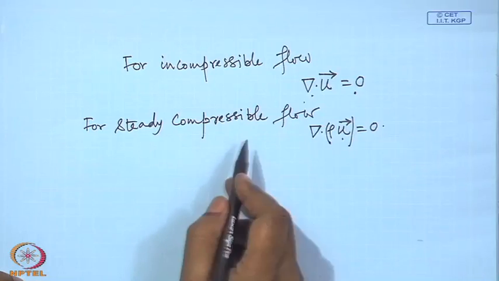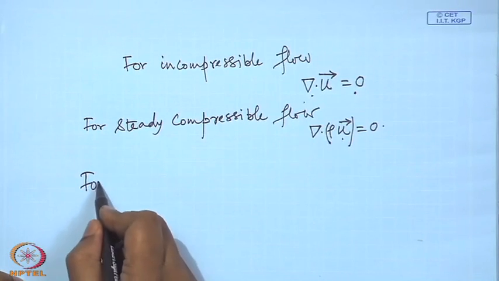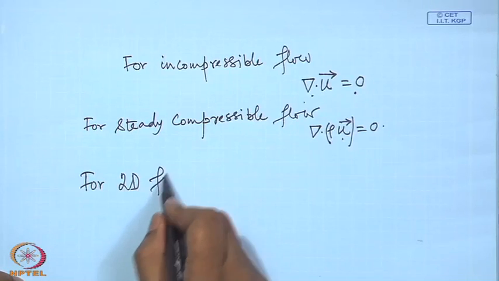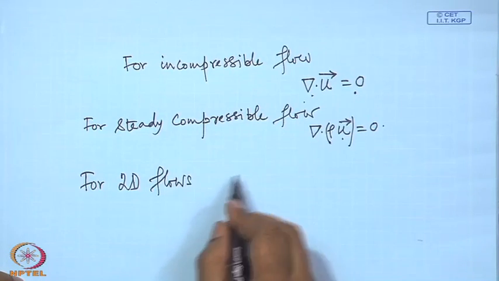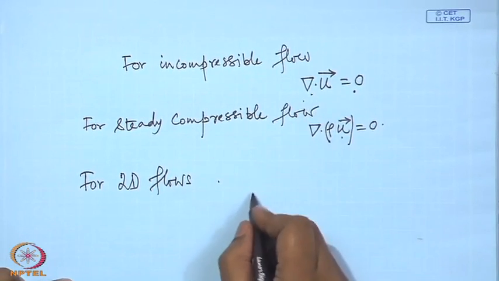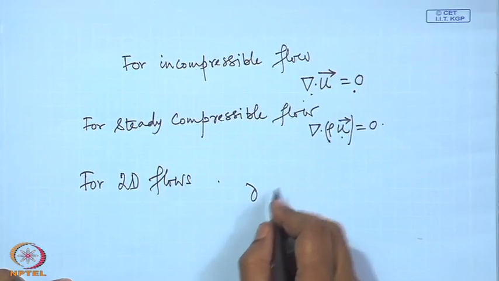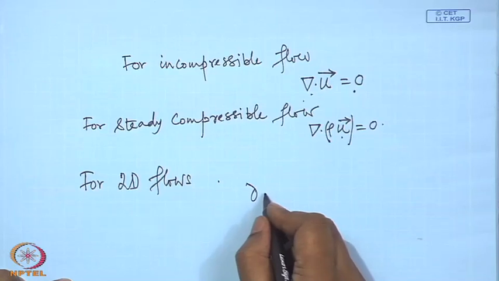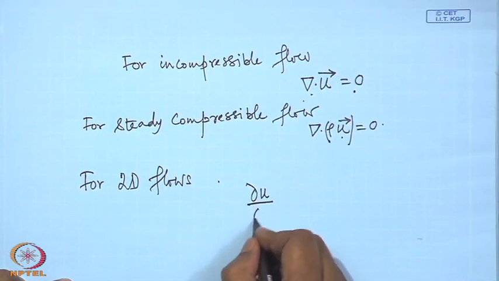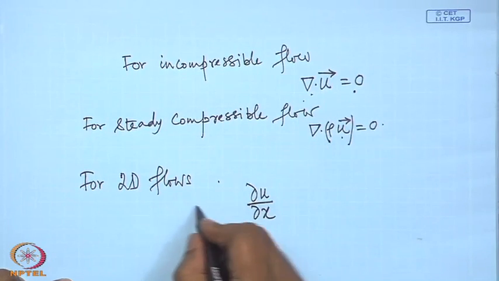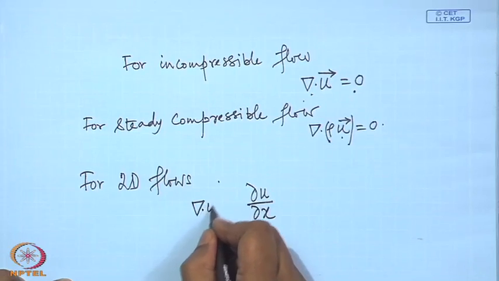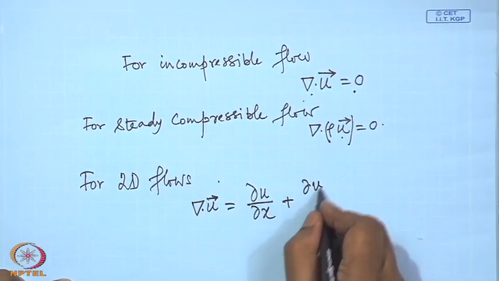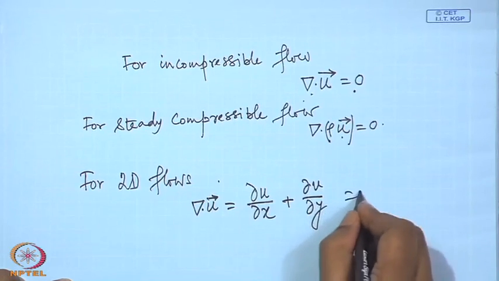So, for 2D flows, in case of incompressible flow, the equation becomes, what do we write, u v or x y, or u 1 u 2, x 1 x 2, either way. So, let us write this divergence of u is simply du dx plus dv dy equal to 0.